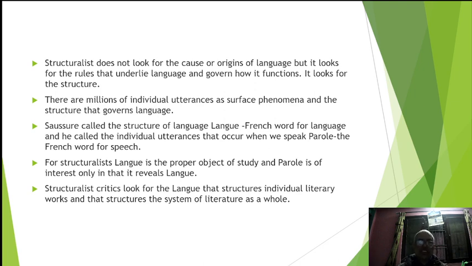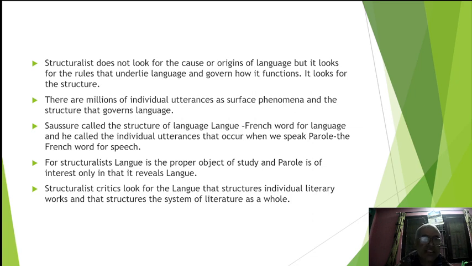For a structuralist, langue is the proper object of study. Parole is of interest only because it reveals langue. How authors have produced a book through parole, through their individual structures, is of interest only in that way. Langue, the language system, is the main object of study.